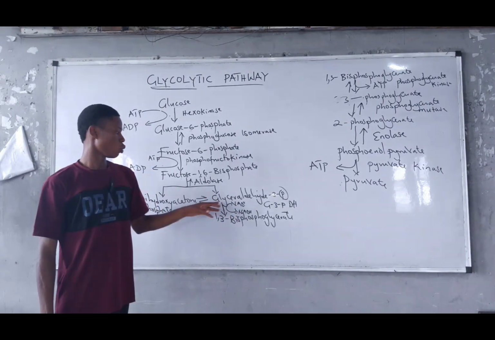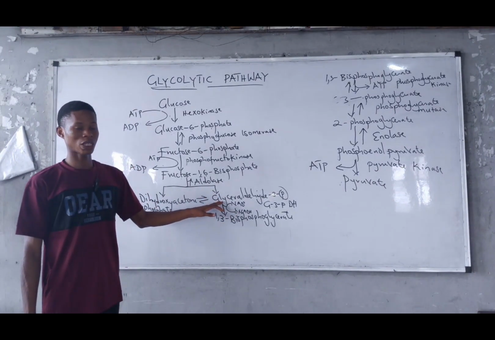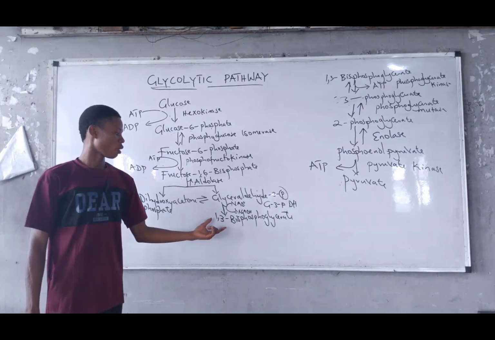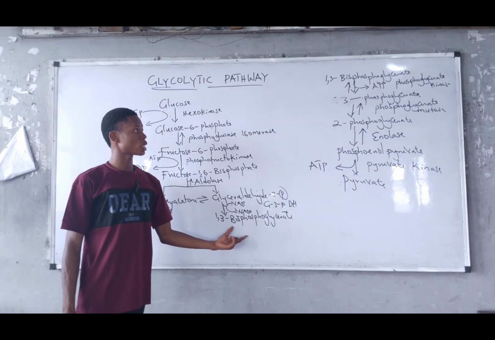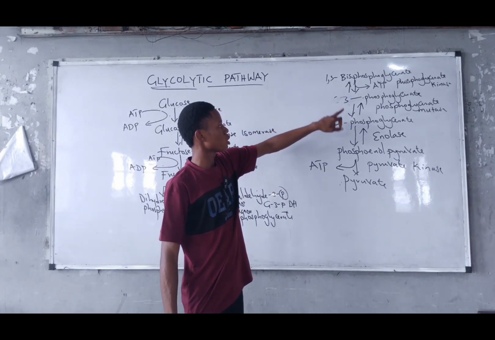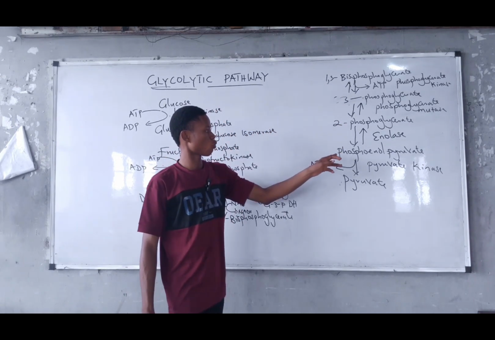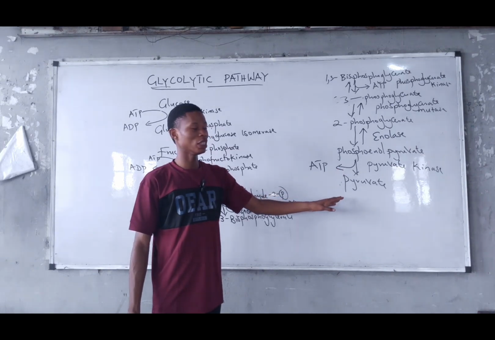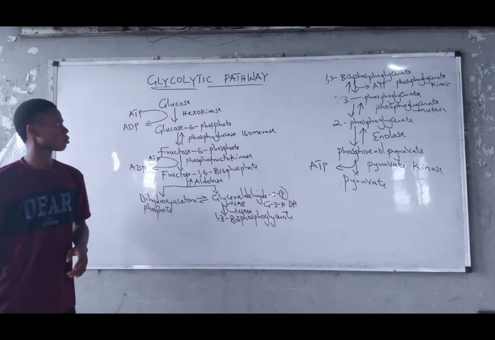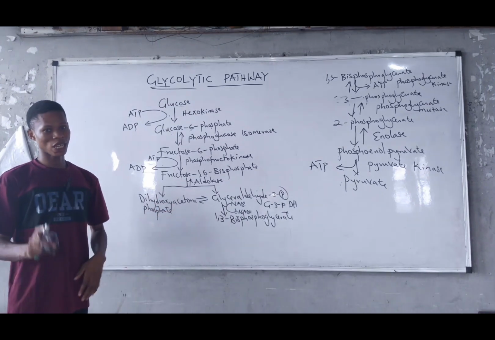Now we have two molecules of glyceraldehyde phosphate. The glyceraldehyde phosphate is converted to 1,3-bisphosphoglycerate, then to 3-phosphoglycerate, 2-phosphoglycerate, phosphoenol pyruvate, and finally to pyruvate. So this is your glycolytic pathway, and it takes place in the cytosol.